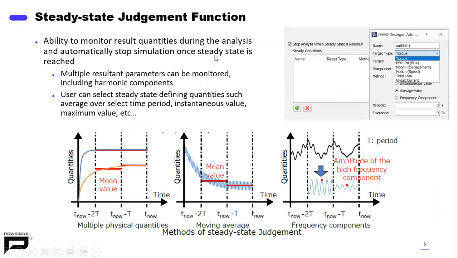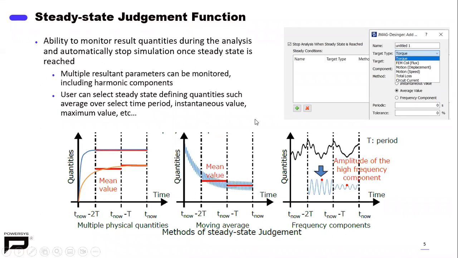The second thing is regarding the steady state judgment function. We can monitor various result quantities in terms of multiple parameters, like average value, instantaneous value or maximum value, by which we can control the steady state judgment function.